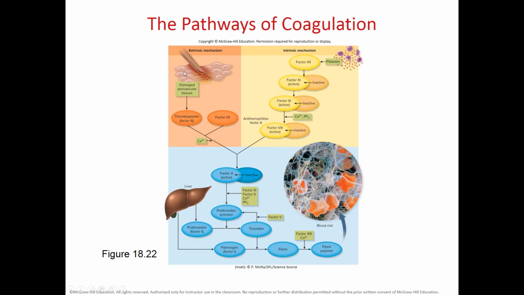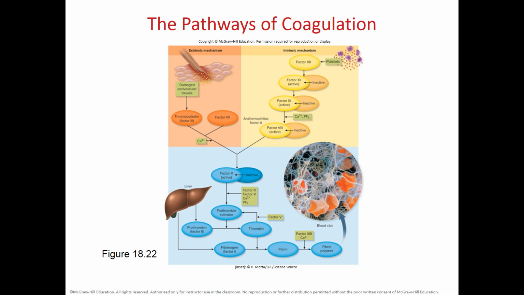So this is the figure showing you the pathways for coagulation. So you will have the extrinsic and intrinsic mechanism that will merge in this area, and all of these are going to activate this fibrinogen to form fibrin, and then these fibrin threads are going to form this net that are going to trap more platelets.